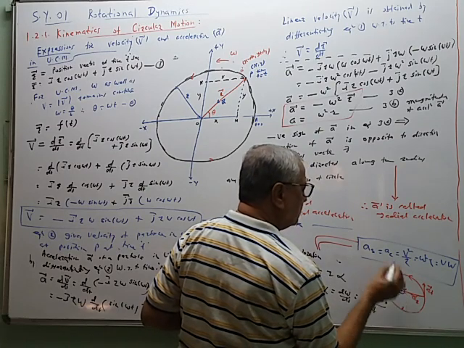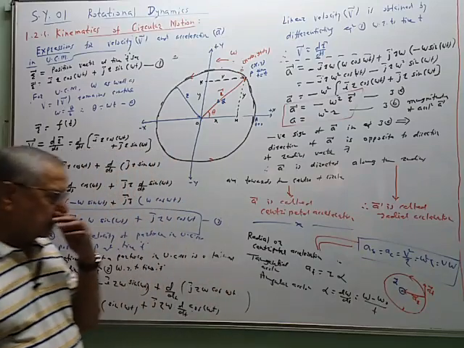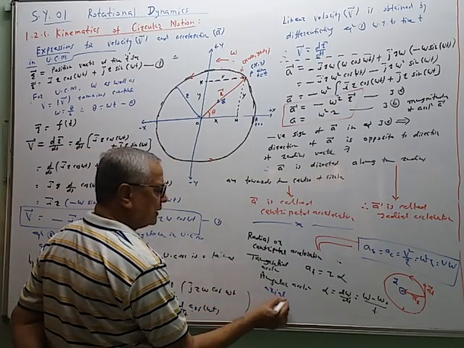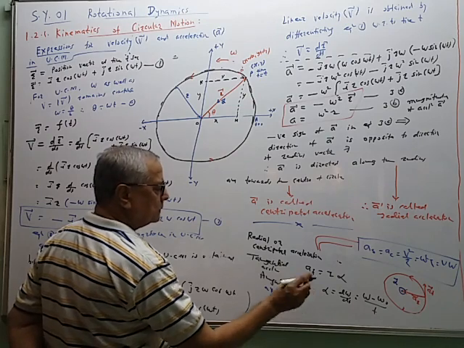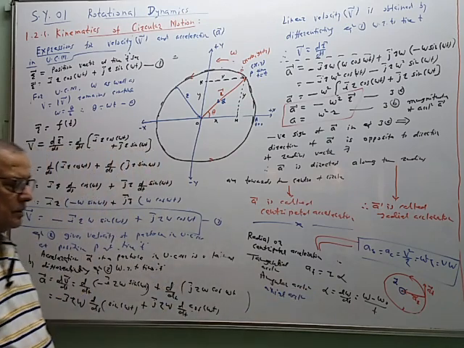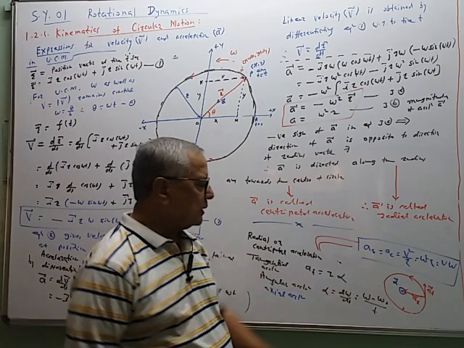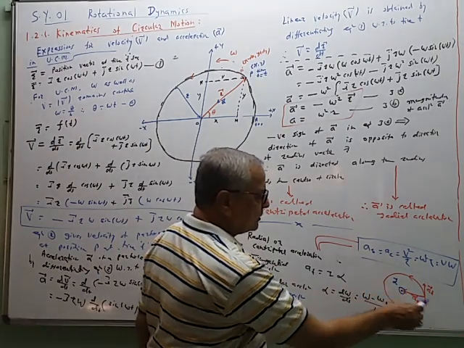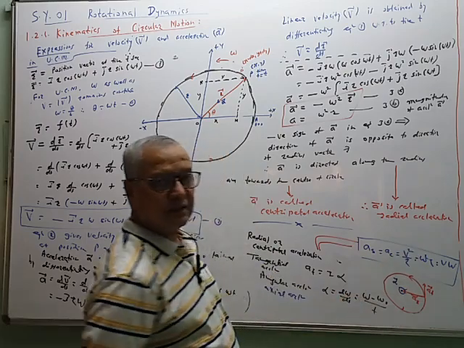by right hand rule. It is the axial angular acceleration, or it is also called the axial acceleration, like this. So this is alpha, perpendicular to the plane of the circular motion. This is radial acceleration or centripetal acceleration. This is the tangential acceleration.